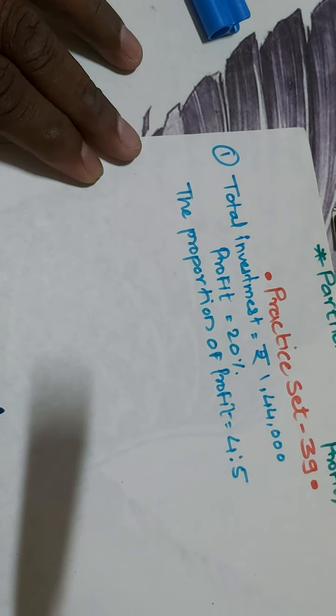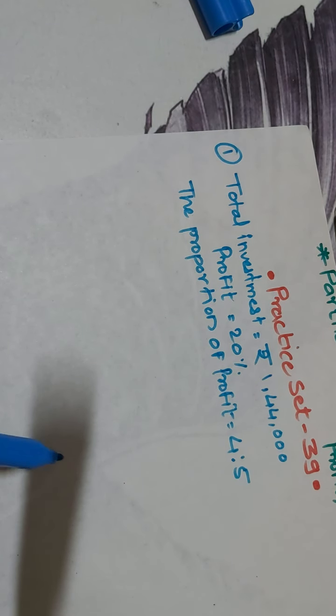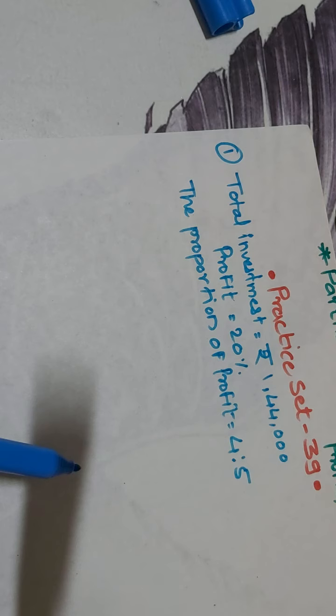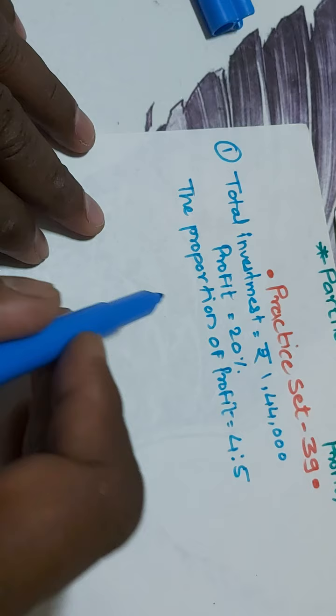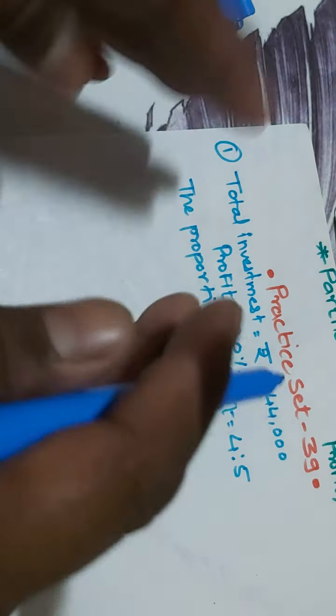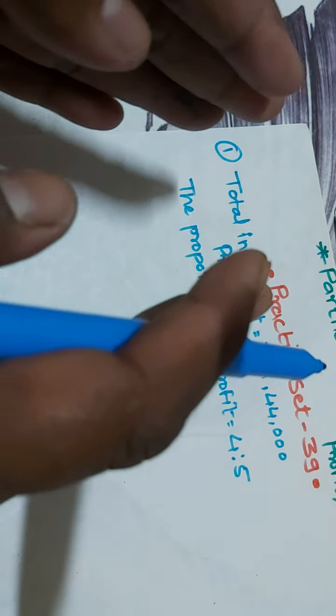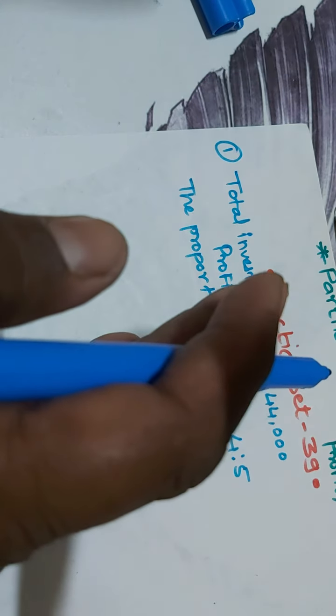Now we have to find the amount of the profit of Suresh and Ramesh. But for that, first we have to find the total profit. If we find out the total profit, then only we can separate that profit, or make parts for Suresh and Ramesh.